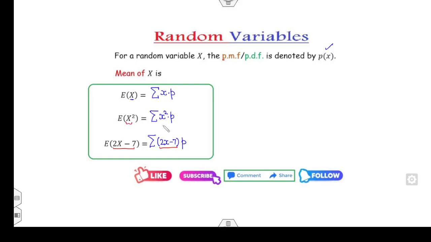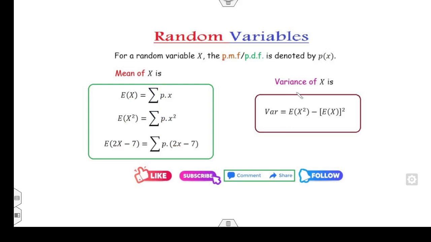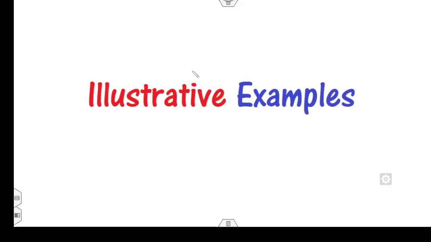If it is x square, then you write x square. If it is x, then it is x. This is the way you can calculate the mean. Similarly, you can calculate the variance by using E of x square minus E of x whole square. E of x square you can calculate by equation number 2, while E of x you can calculate by equation number 1. Now based on this simple concept, we can solve 20 plus examples in this video.